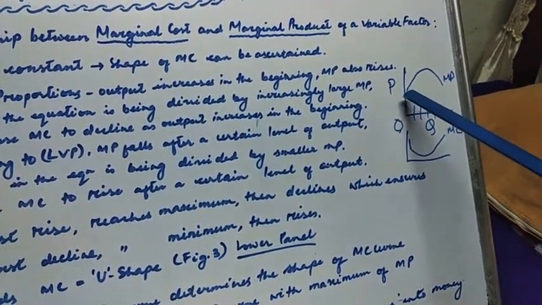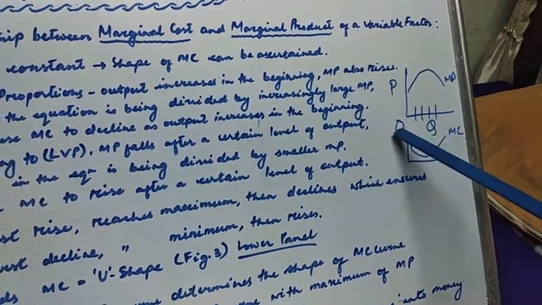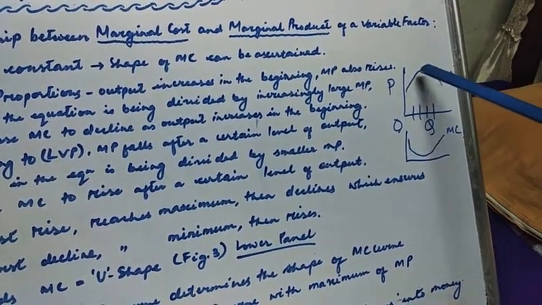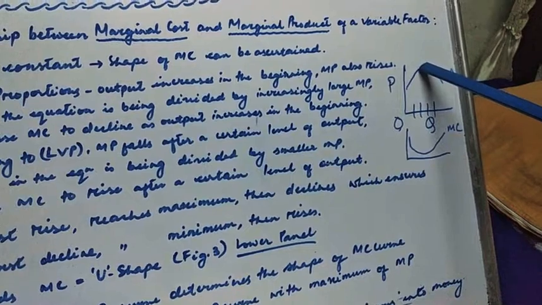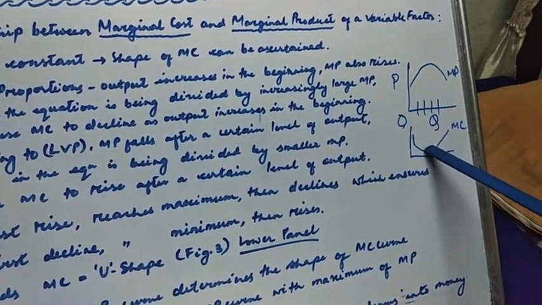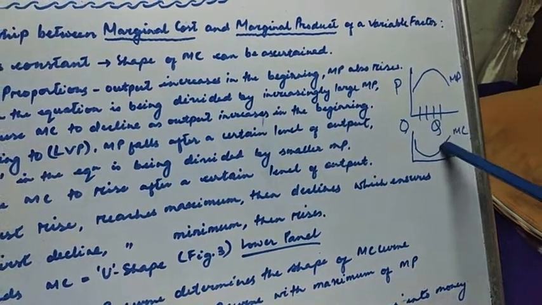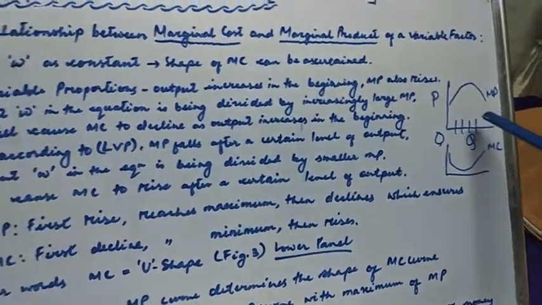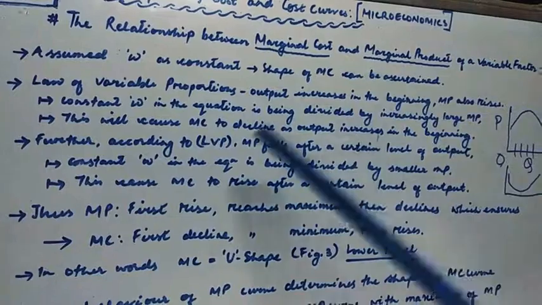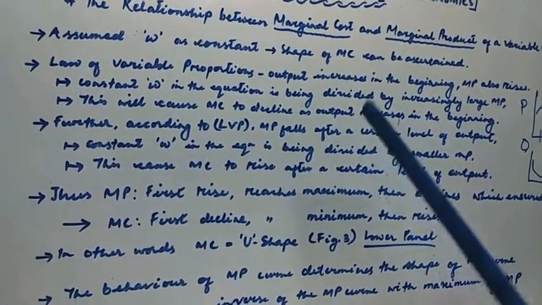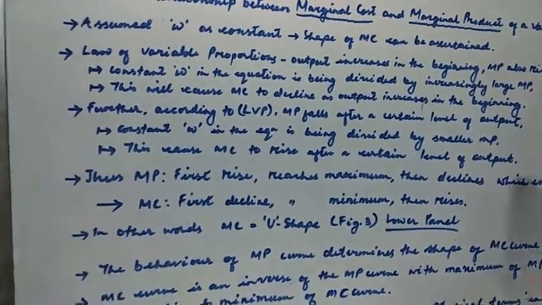When MP rises in the beginning, MC falls. And when MP has reached its maximum point, the MC curve is at its minimum point. And when MP starts to fall, the MC curve begins to rise. So as we have said, they are inversely related to each other, that is why.